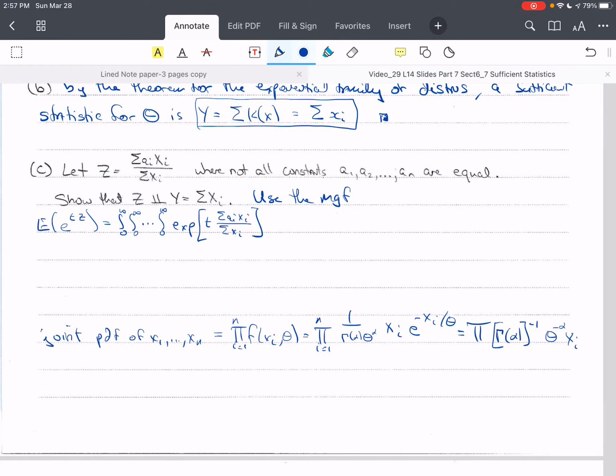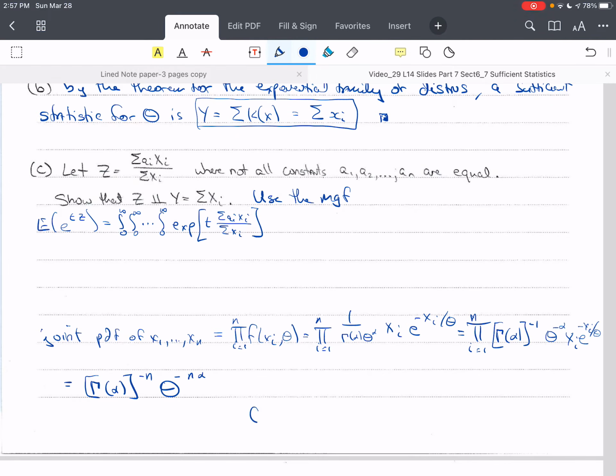And then I have x sub i e to the negative x sub i over theta. And so this product is equal to gamma of alpha to the negative n, theta to the negative n alpha.